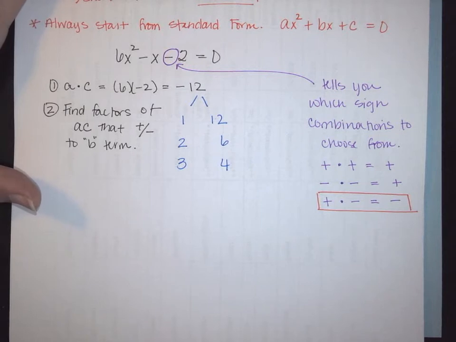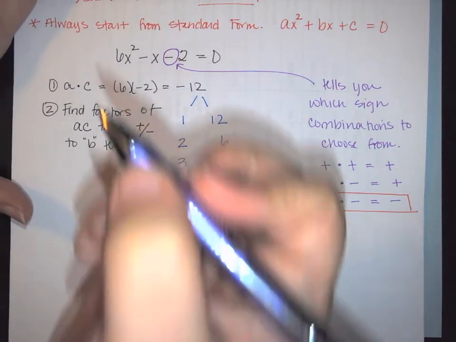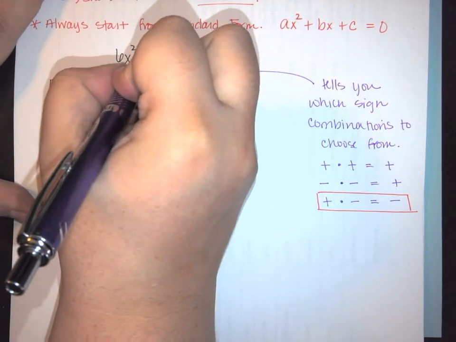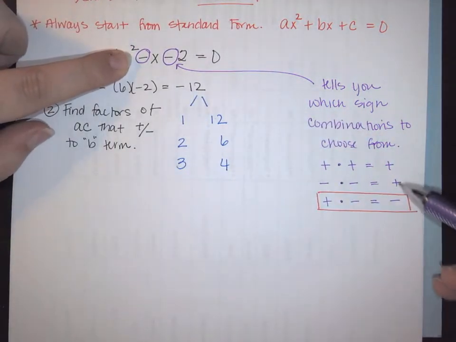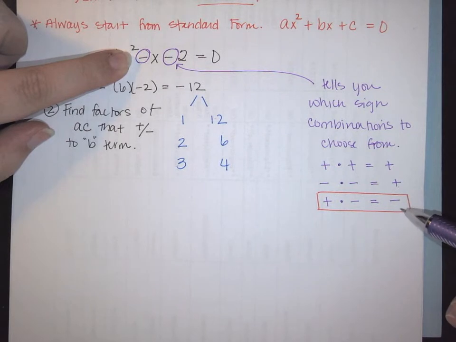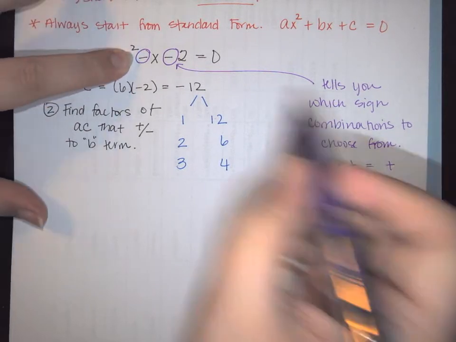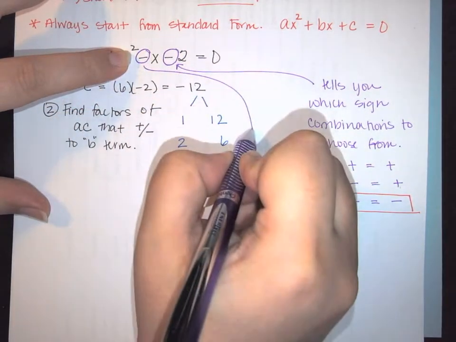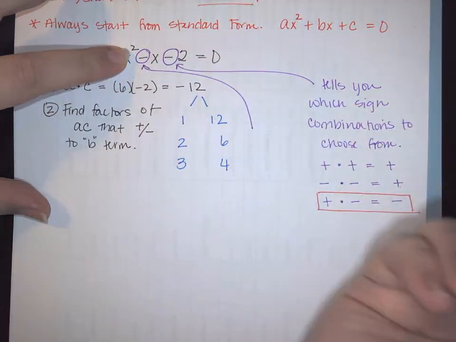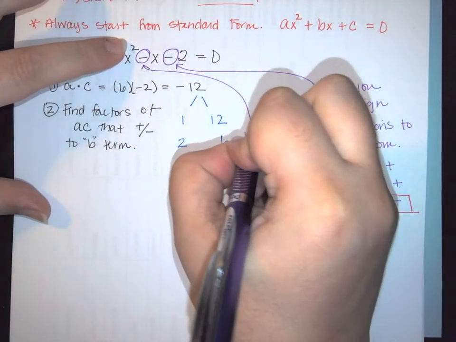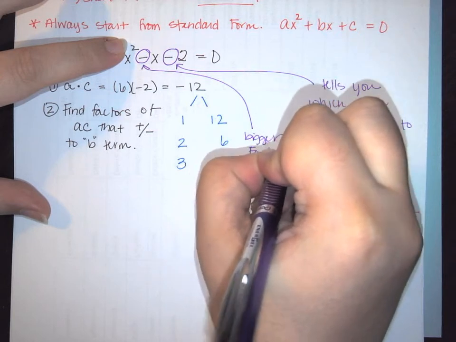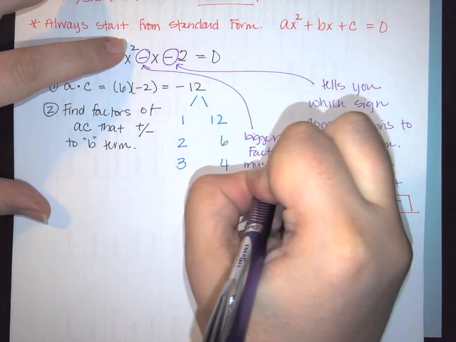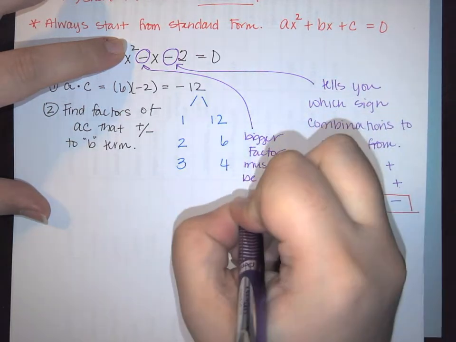Now, the other cool piece is that we have this middle sign. So in some cases, this middle sign will tell you which option to choose. But if we use this negative 1, then my middle sign has a different meaning. And my middle sign here is going to tell me that your bigger factor must be negative.